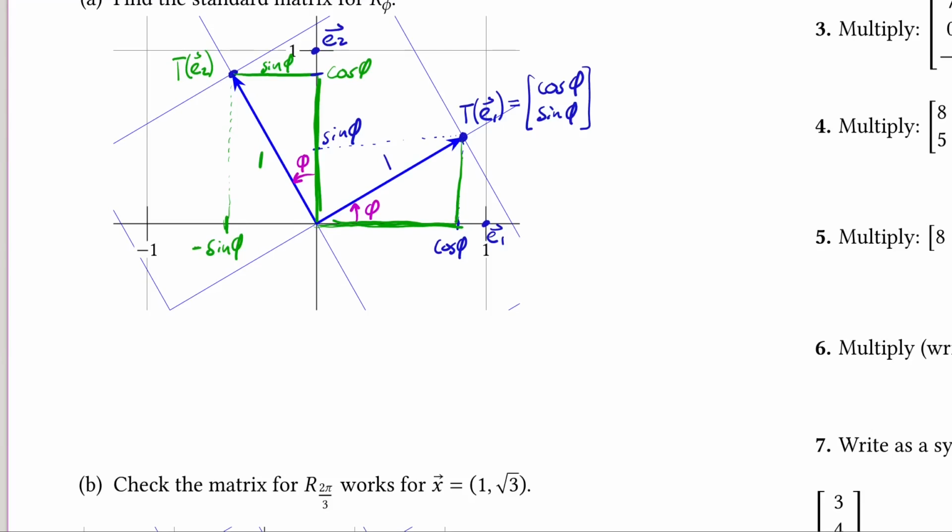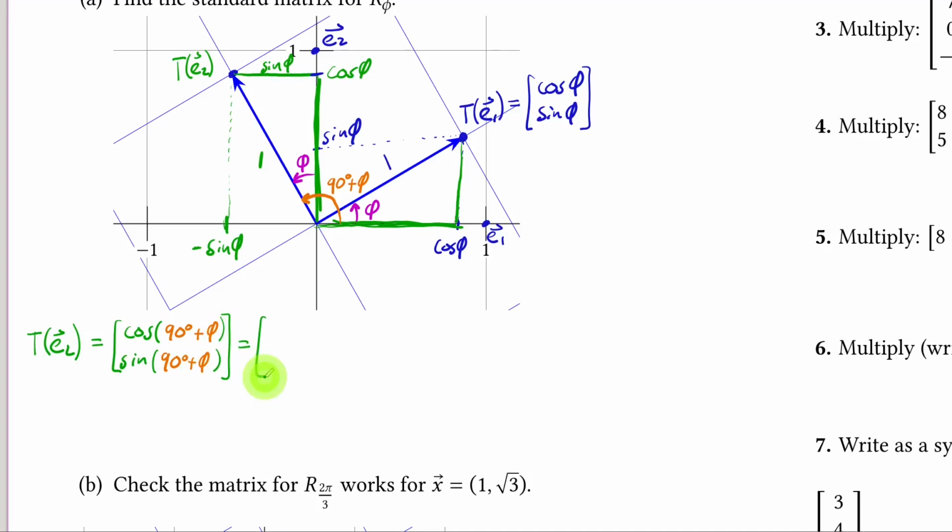So to be a little bit more formal, we can say that T of E2 has coordinates that are defined by this bigger angle here, which is 90 degrees plus phi, and the x and y coordinates are still going to be cosine and sine of that standard position angle.